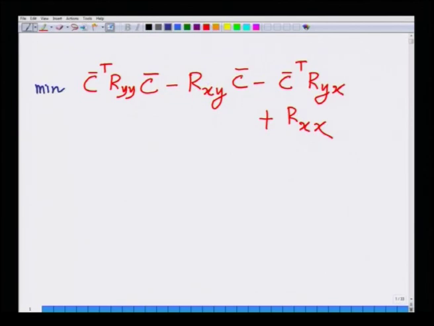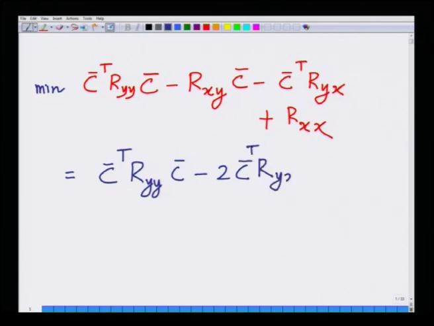Also observe that R x y times c is nothing but c transpose R x y transpose, which is R y x, the same as this term. Hence, I will write this as a succinct expression, which is c transpose R y y c minus 2 c transpose R y x plus R x x, and I want to minimize this.